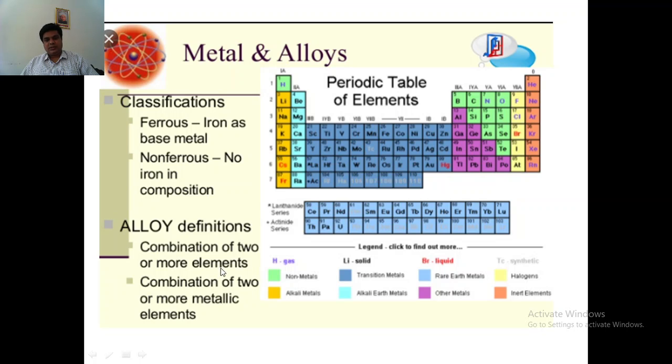For example, steel is an alloy of iron, that is Fe, and carbon. If you combine iron and carbon, it becomes a steel. Like that, many alloys are made by casting different combinations of metals and other materials, and we get an alloy.